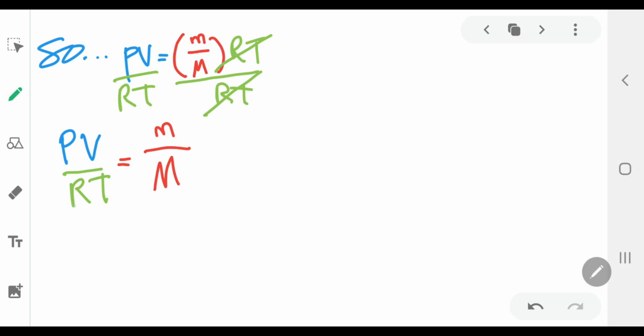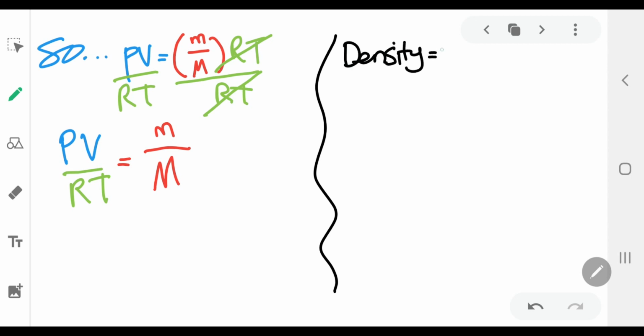Because if you still remember what you have learned before, the formula for density is mass over volume. So if we can get this volume to be down here, you're going to get mass over volume, and then you should be able to get your density. So how do we do that?